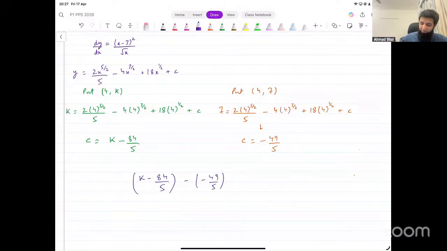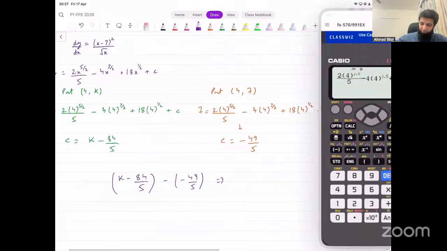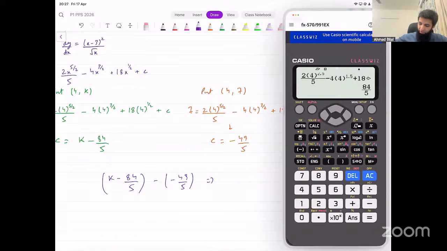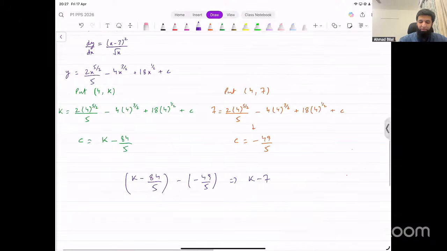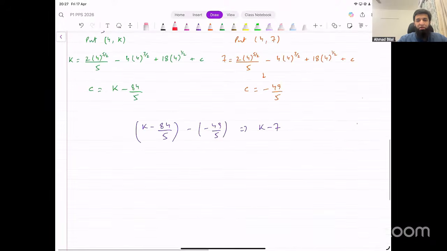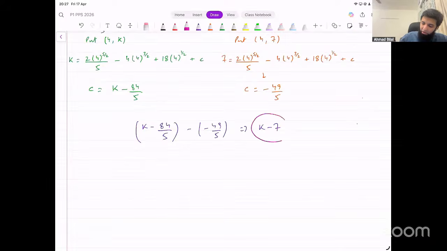What do we get from this? Minus 84 over 5 plus 49 over 5. What's that? That is negative 7. So we get k minus 7 from this. K minus 7. What does that mean? Whatever was the curve before, now it is going up by k minus 7 units.